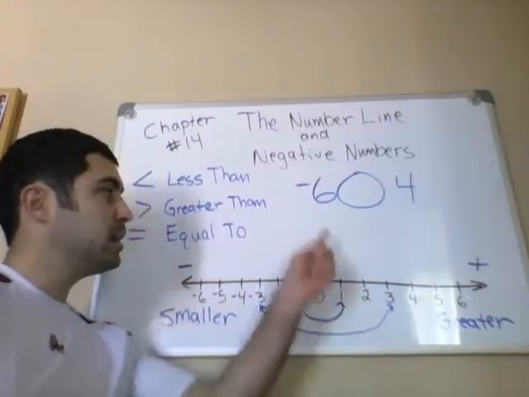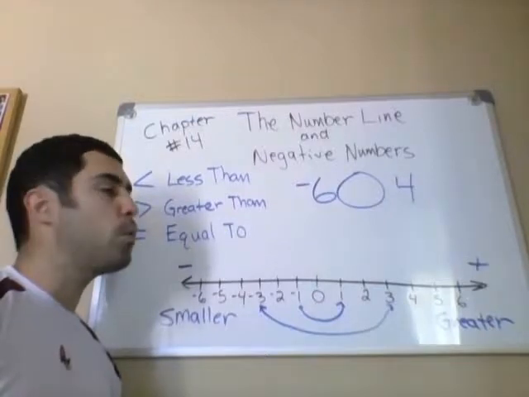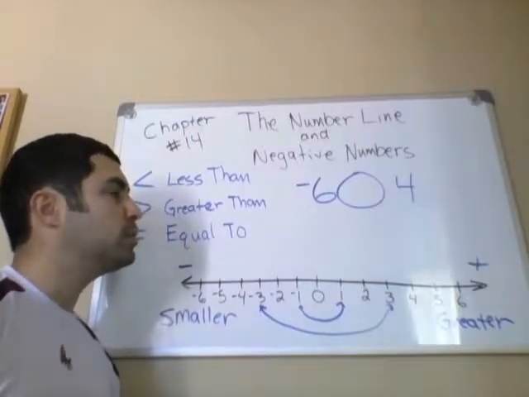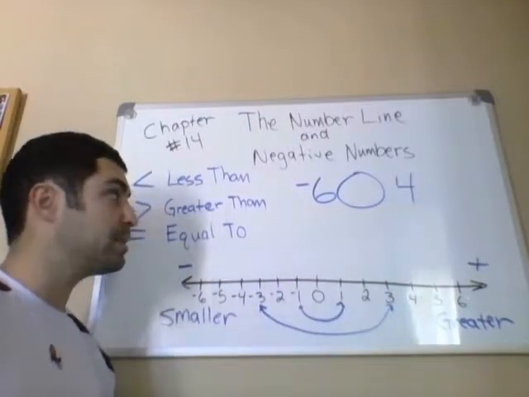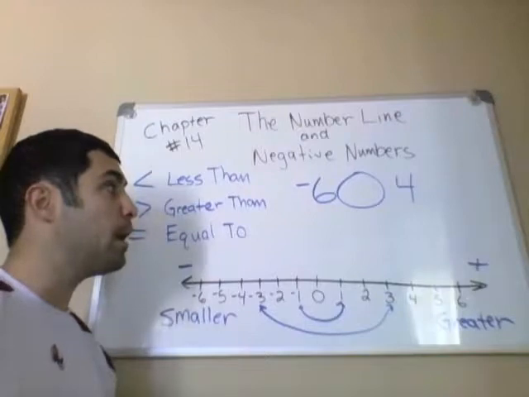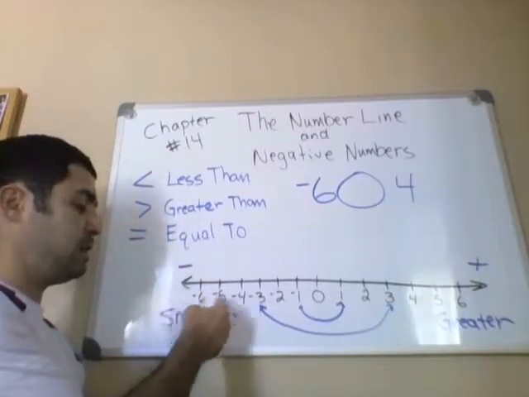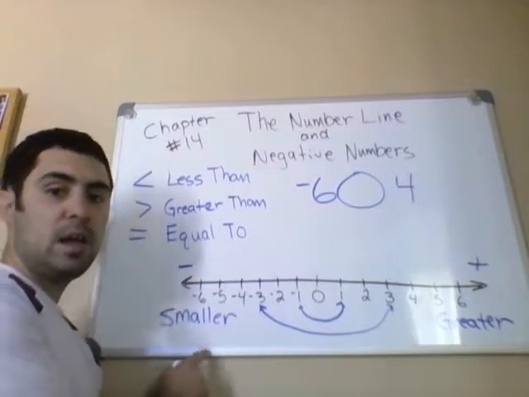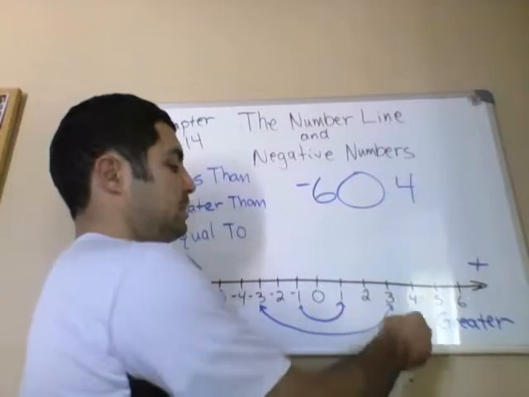Alright, quick practice. Greater than, less than, or equal to. We have negative 6 compared to 4. Which one is greater? Well, 6 is bigger than 4. Absolutely is greater than 4. But if you look on the number line, negative 6 is on the smaller side. 4, which is over here, is greater than negative 6.